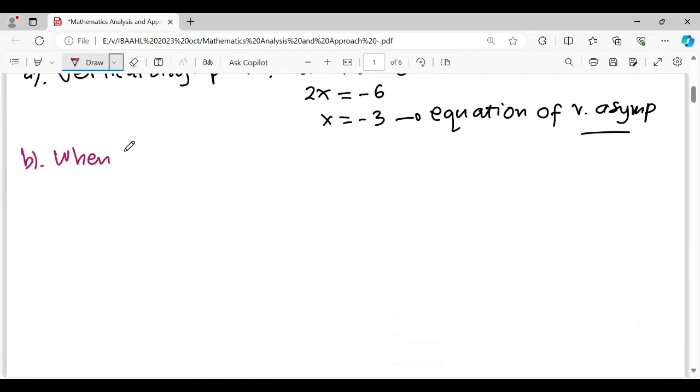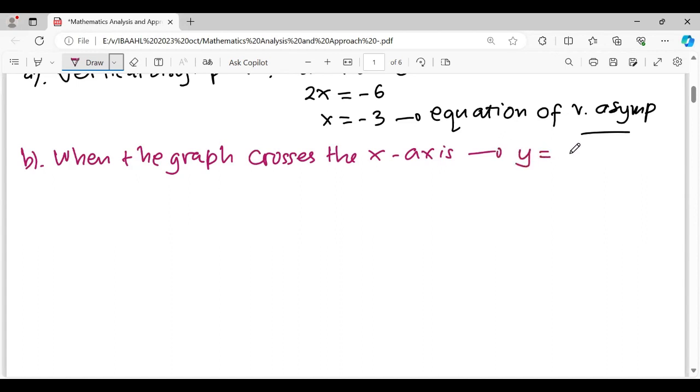When the graph crosses the x-axis, automatically y equals 0.